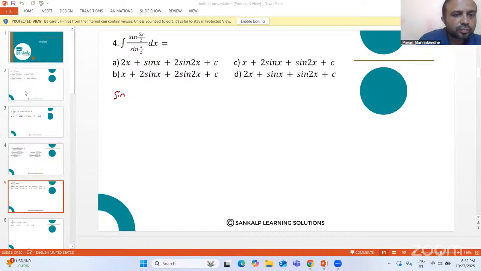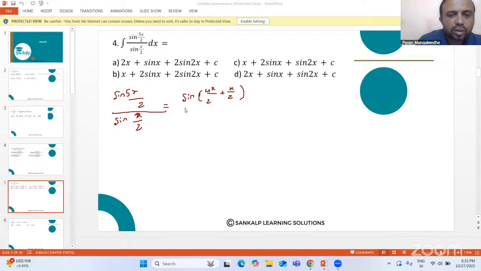The question is sine of 5x by 2 upon sine of x by 2. 5x can be written as 4x upon 2 plus x upon 2, because I put it in terms of x upon 2.